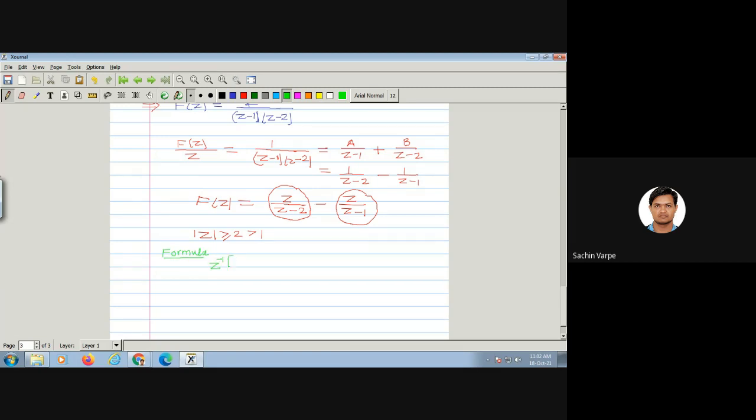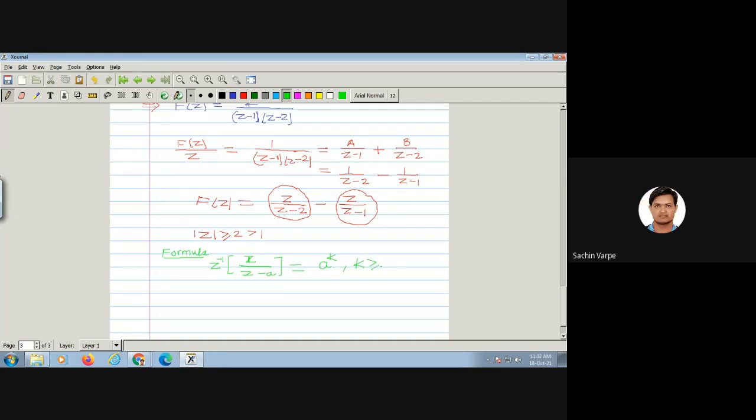Inverse Z transform of z upon (z minus a) is a to the power k, for k greater than or equal to 0.